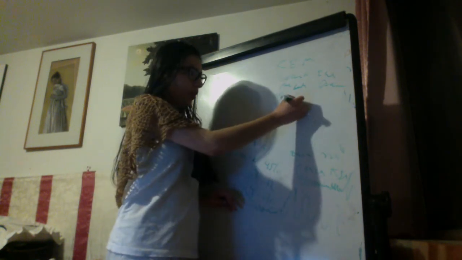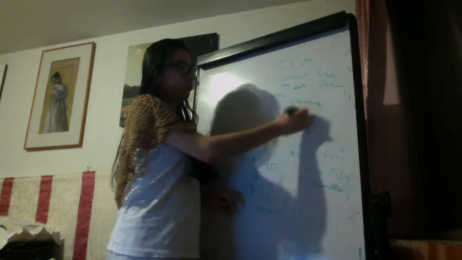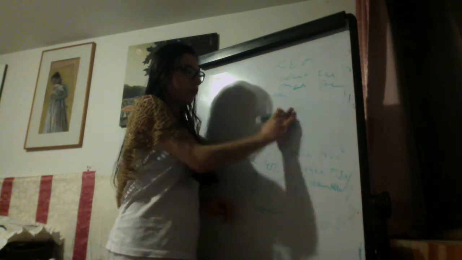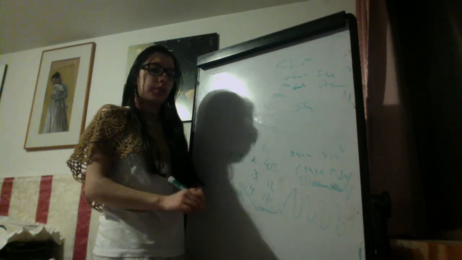And here, as compared to nightmares, sleepwalking and sleep terrors occur. Sleep terrors occur here, and the child is not calm in a sleep terror. We will talk about the difference in the next video.